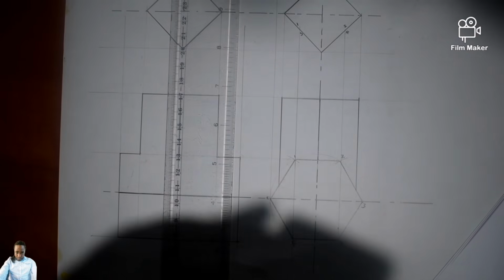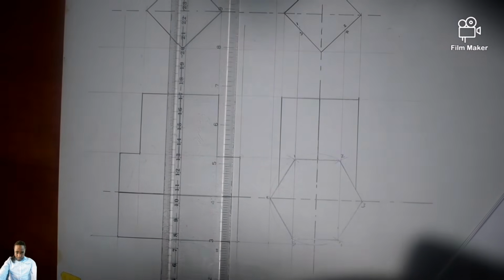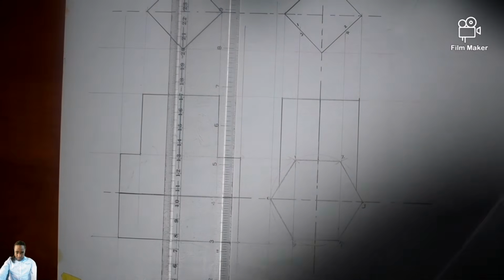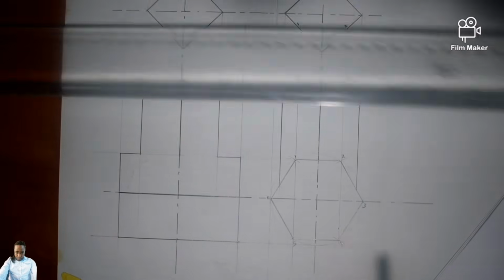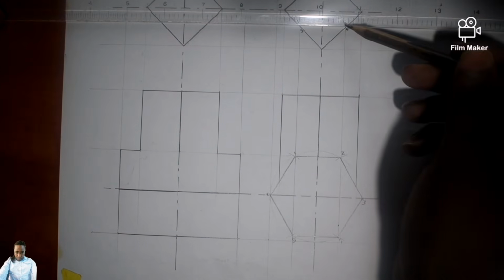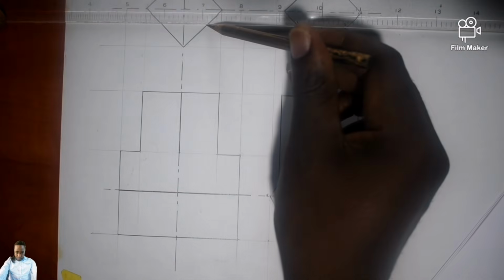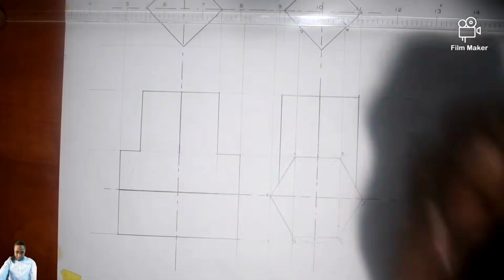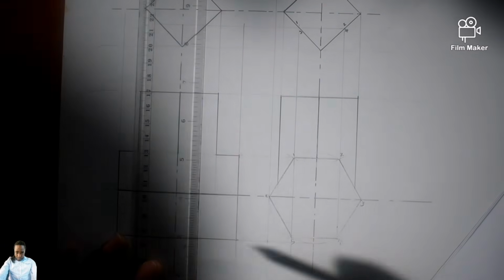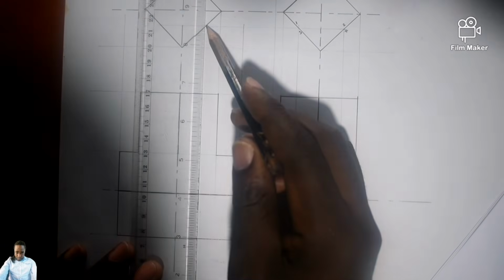So I am projecting them right from the right view, going up. Once they touch the auxiliary, I'll draw them horizontal. Faint. There you go. Once they get there, I'll project them down.